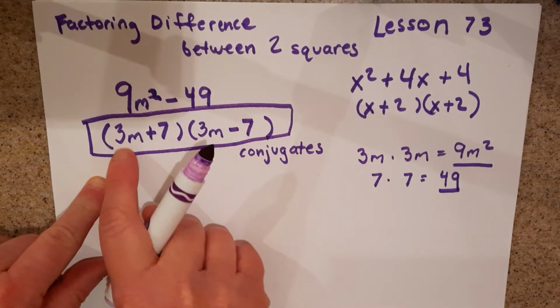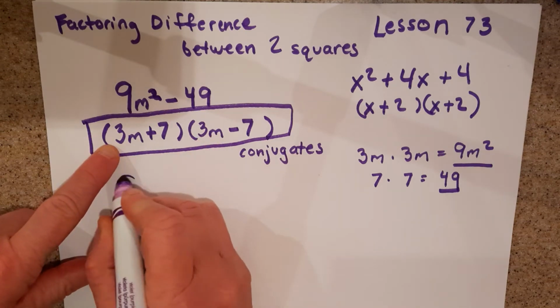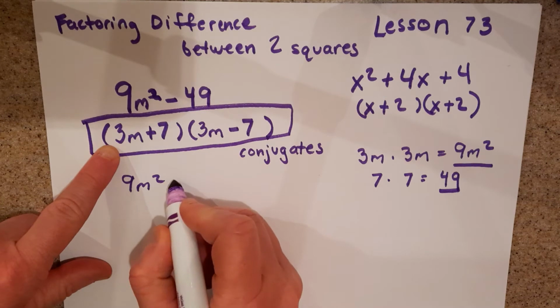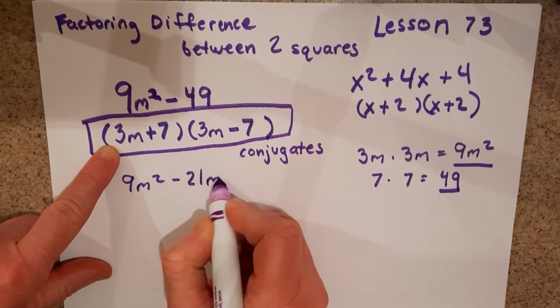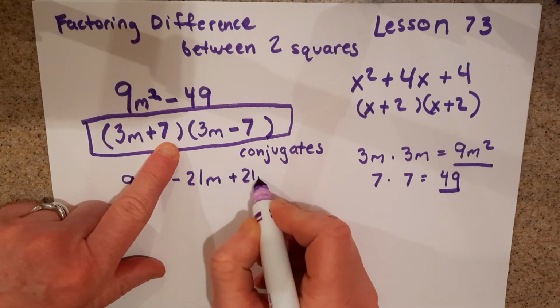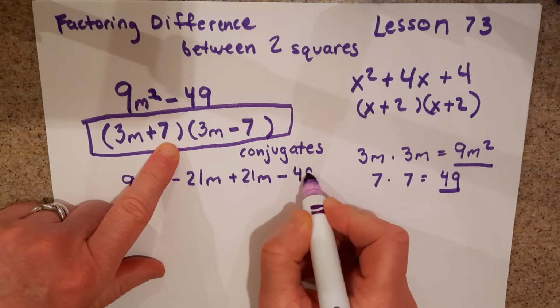Let's see why that works. When you do the distributive property, we get 3m times 3m, which is 9m squared, and then 3m times minus 7, which is minus 21m. Now we do this. 7 times 3m is plus 21m, and plus 7 times minus 7 is minus 49.